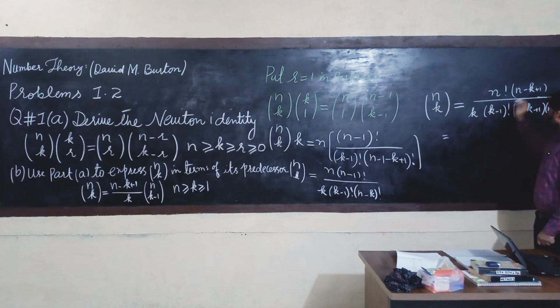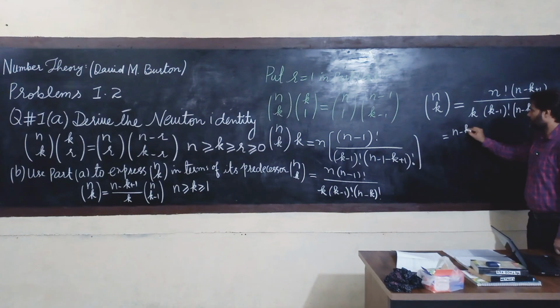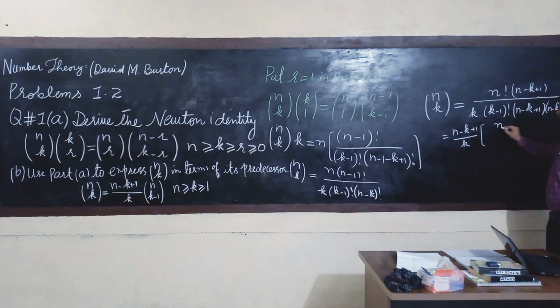This is equal to, we can write it as (n minus k plus 1) over k, n factorial over (k minus 1) factorial, and these two terms are simply equal to (n minus k plus 1) factorial.